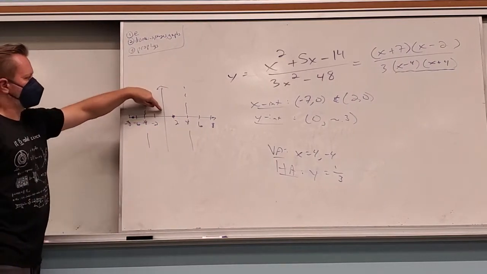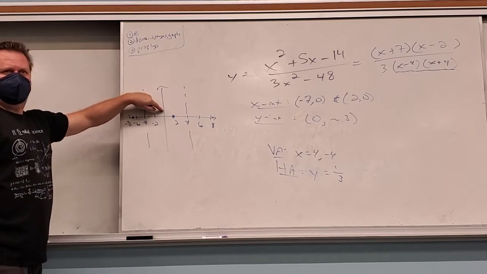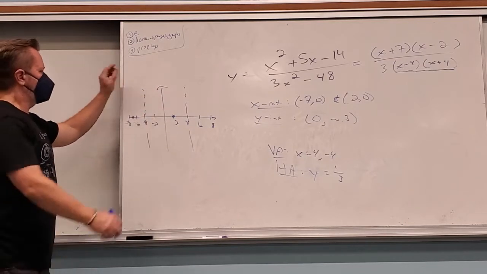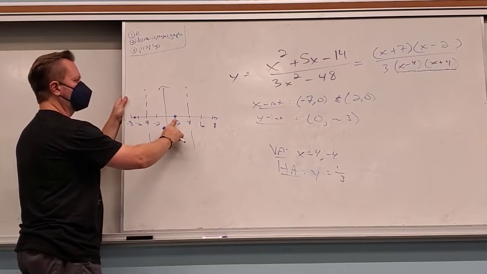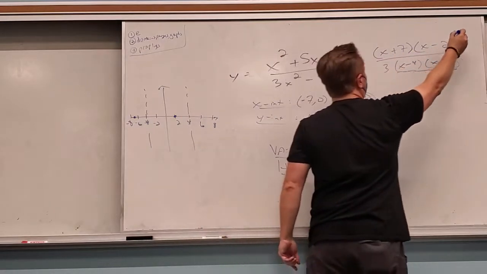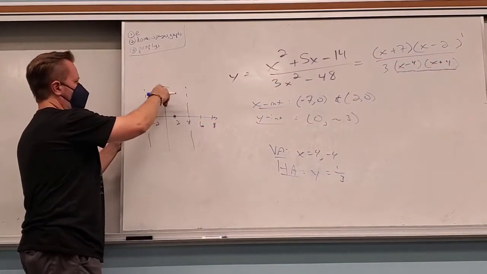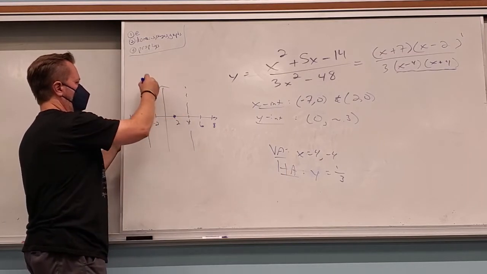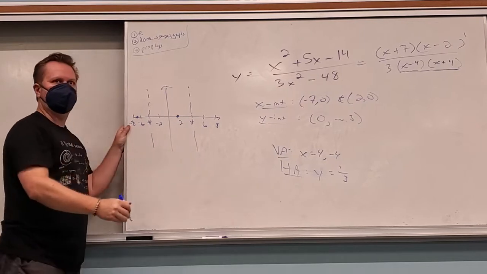I know my y-intercept is up here, right? So to be honest, I don't need any information because I know it's going to go like that, because what's it got to do at 2? It's got to go through. So since I know my y-intercept is up here somewhere, I know this is going to look like that. It's got to slam up against this, and then it's got to go through and slam up against that.